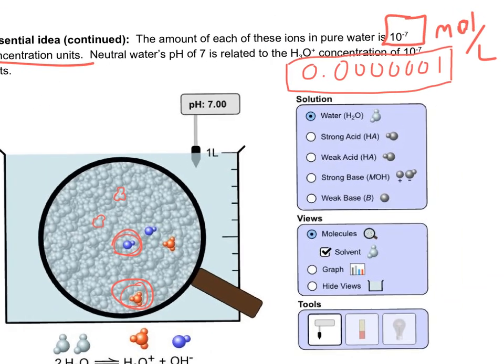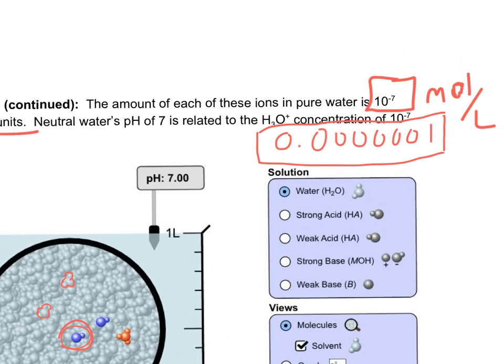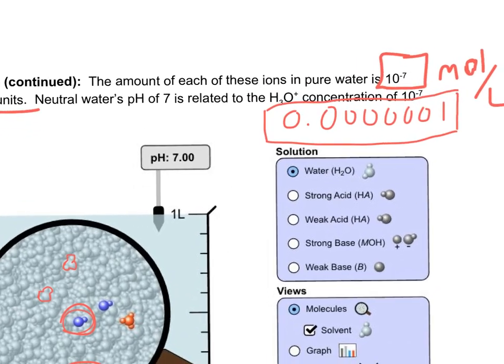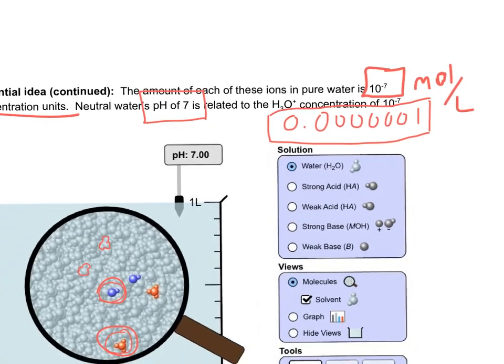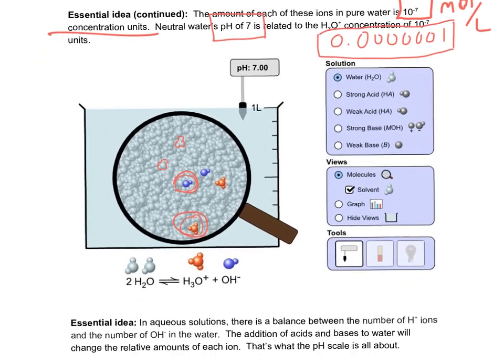And that very small number happens to be 10 to the negative 7. And when you write it like that, the fact that that exponent is negative 7 is why the pH is assigned 7. Okay, that's worthy of a lot more, but let's see if I can go through an example or two.